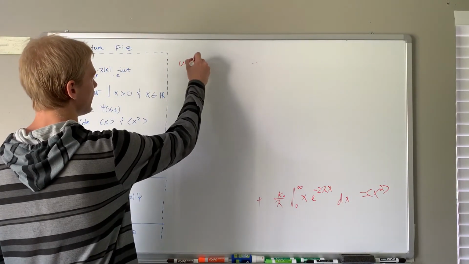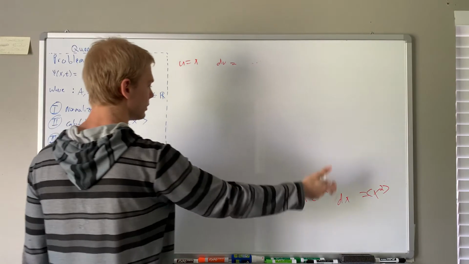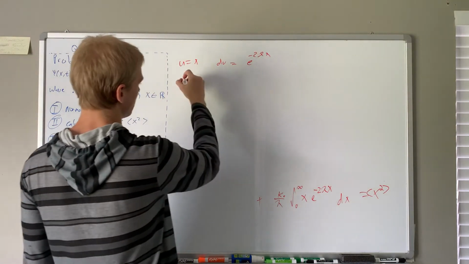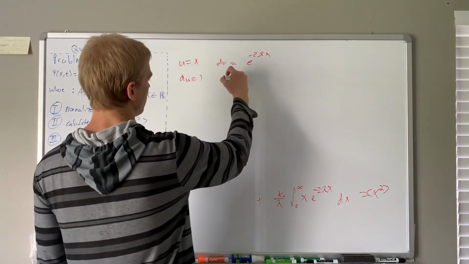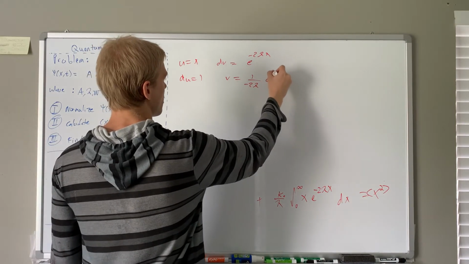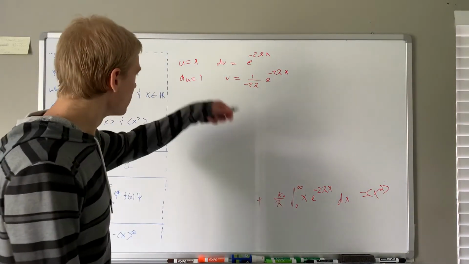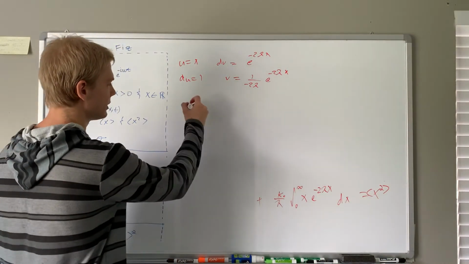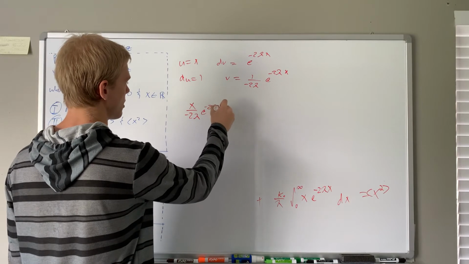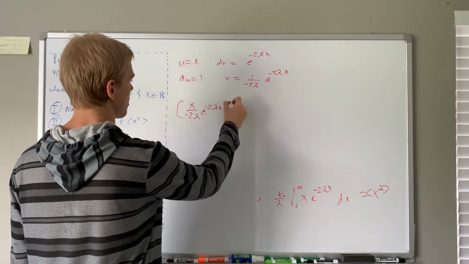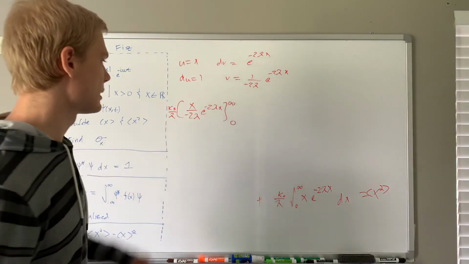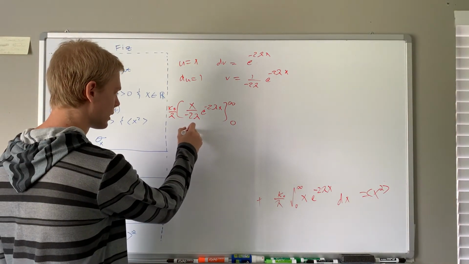So you say u is equal to x, dv is equal to e to the negative 2 lambda x, du is equal to 1, v is equal to that guy. Do it real quick, and you get the same thing with this term over here, right? Times k naught over lambda. So this guy's going to become 0 again in the same way.